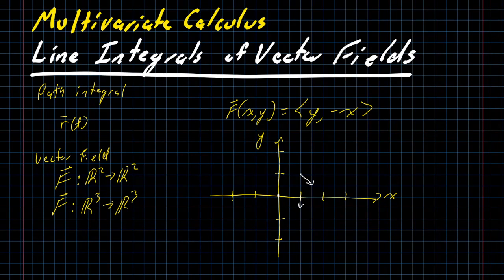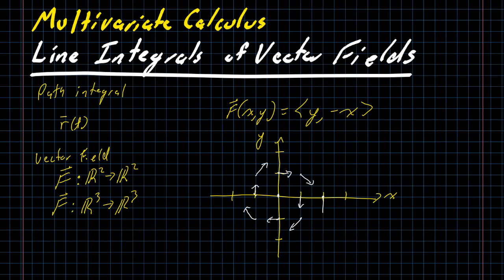At the point 0, 1, we're going to have 1, 0, which looks something like that. And we can keep filling in to get a sense of what this vector looks like at various points in the plane.